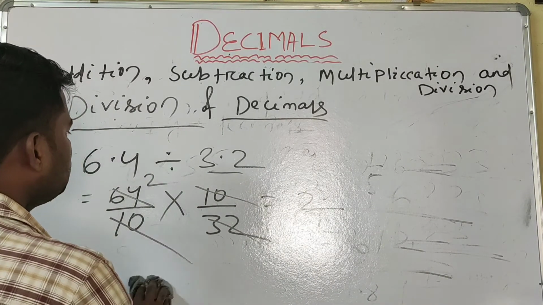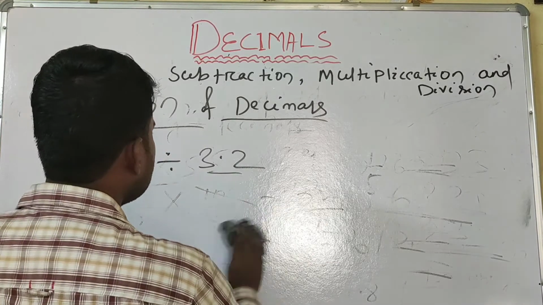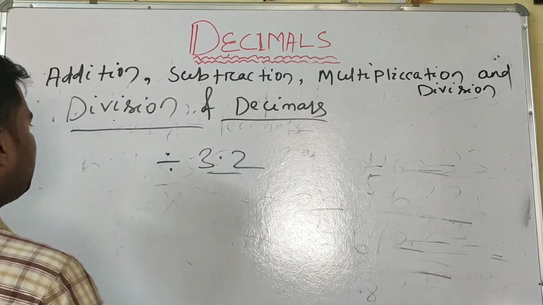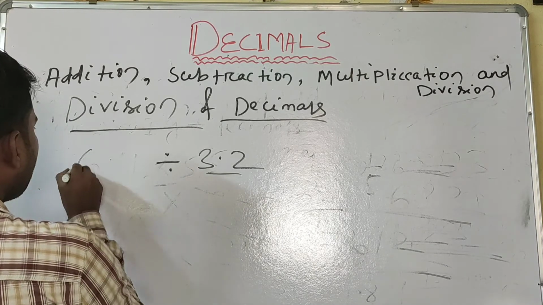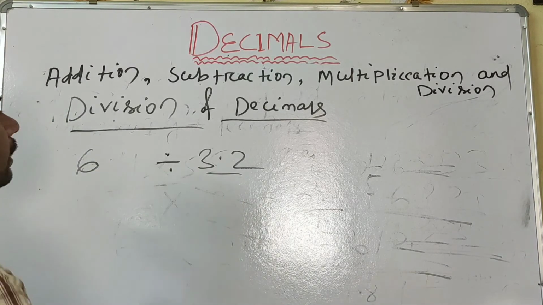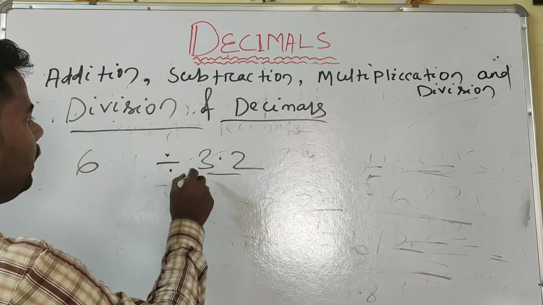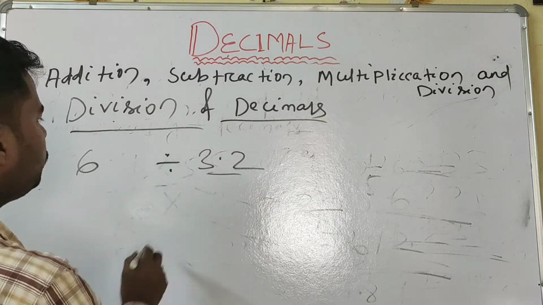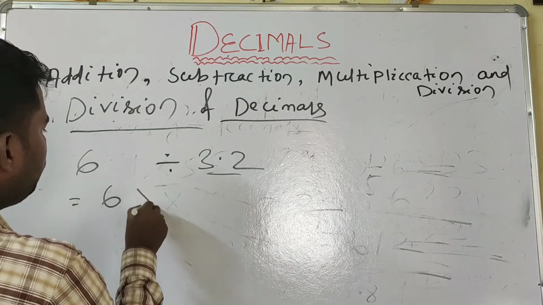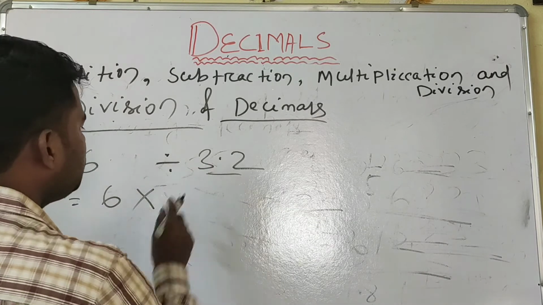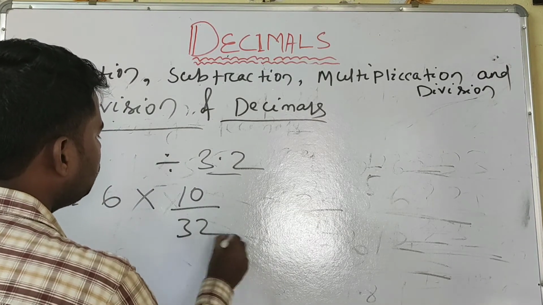Now we'll do a whole number divided by a decimal number. 6 divided by 3.2. So 6 divided by 3.2 means we'll write 6 and put multiplication, and the reciprocal will be 10 by 32.